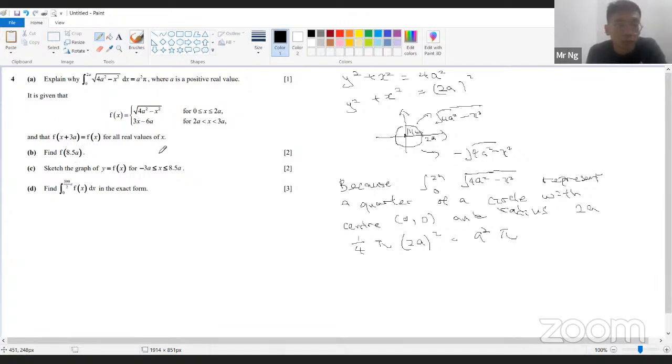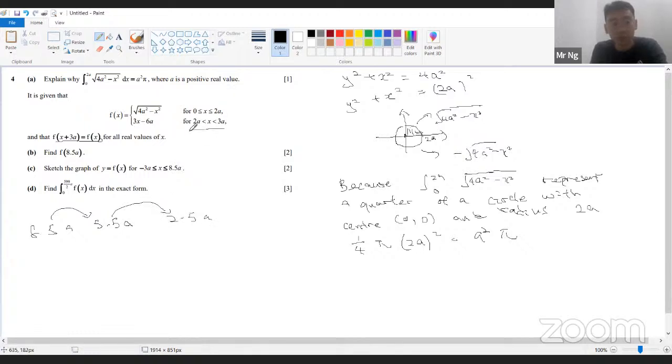8.5a. Okay, so 8.5a, this one is 3a. So 8.5a, then you go back by 3a, because it's repeated like this. You go back by 3a, it becomes 5.5a, which is still out of this range. Then you go back again by 3a, it will be 2.5a.